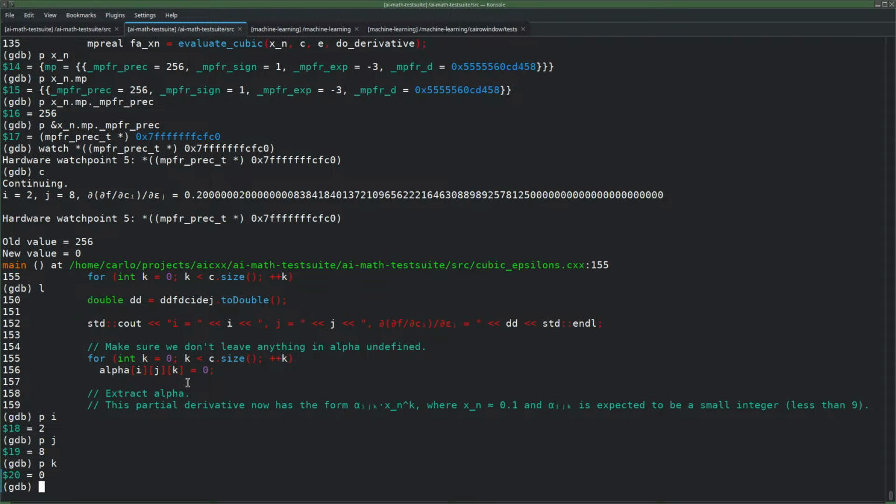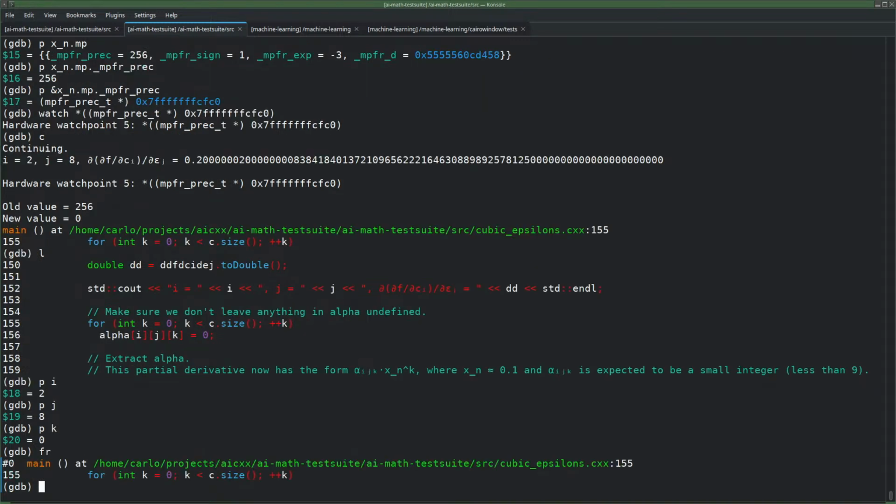Yeah, why is it overriding something? It's doing it here even. It doesn't make any sense.